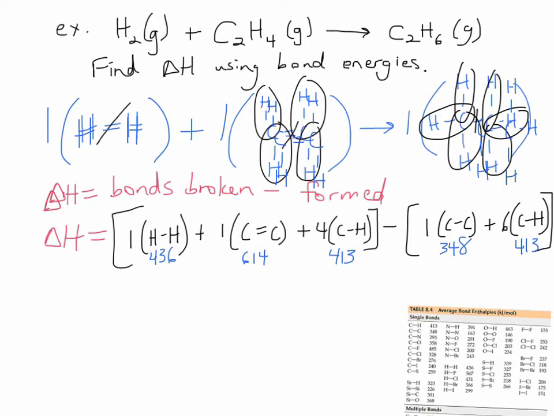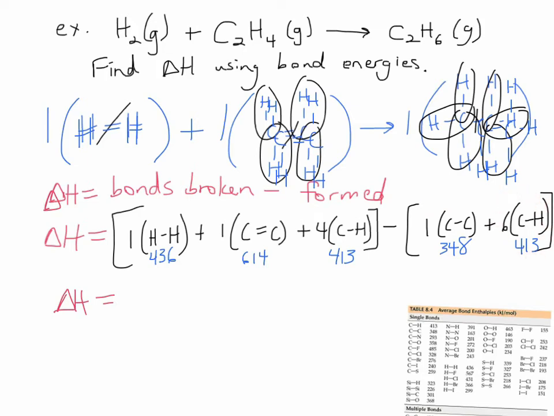Now when you calculate the final delta H, keep in mind order of operations. So I'm going to do 1 times 436 plus 1 times 614 plus 4 times 413. I'm going to do that math, and then I'm going to subtract, in parentheses, 1 times 348 plus 6 times 413.